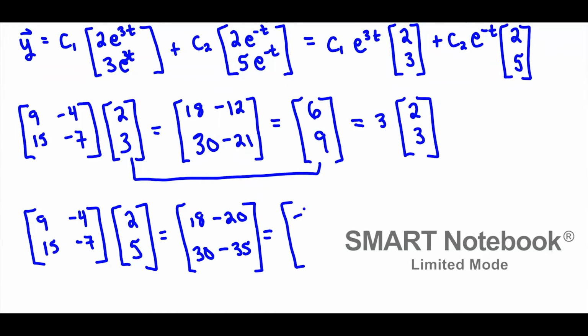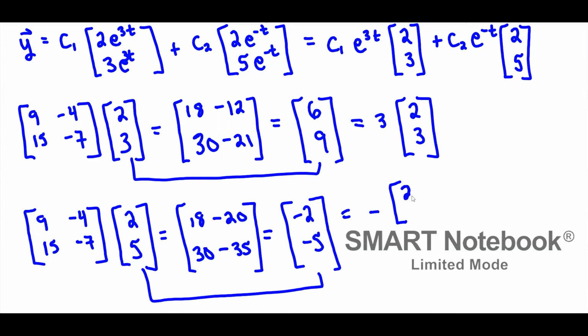So that's going to give me negative 2, negative 5. So is that special? Yeah, well, that's just the negative of the vector 2, 5. So if you multiply a matrix times a vector and it ends up just being a scalar multiple of that vector, we could have done the same operation by just multiplying by the scalar 3 and the scalar negative 1, instead of multiplying by this matrix with all these calculations, right?